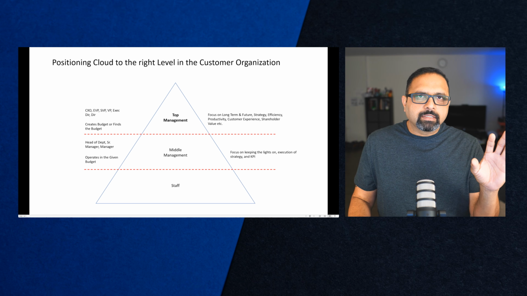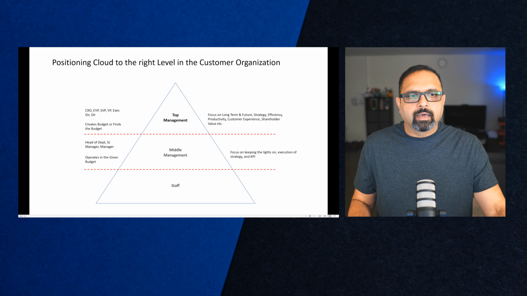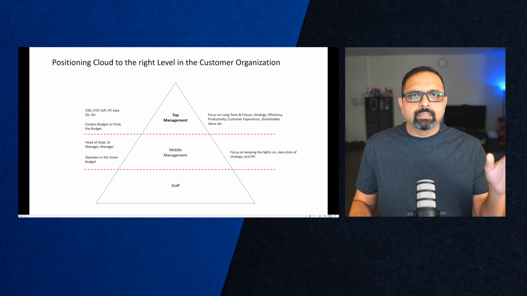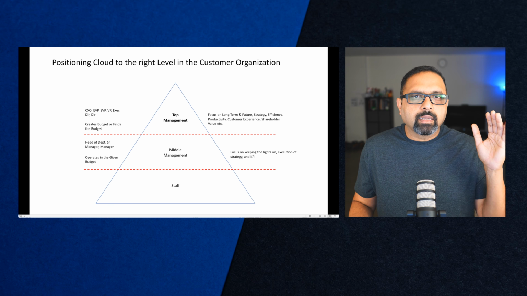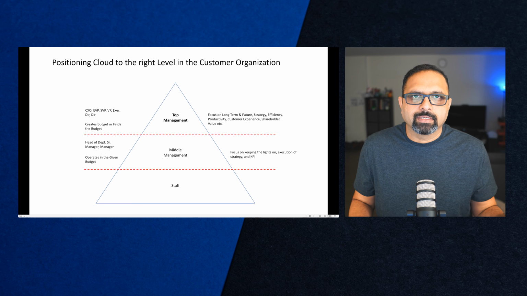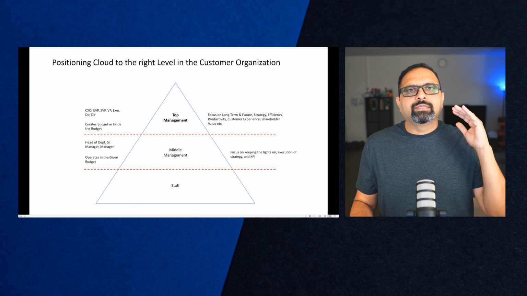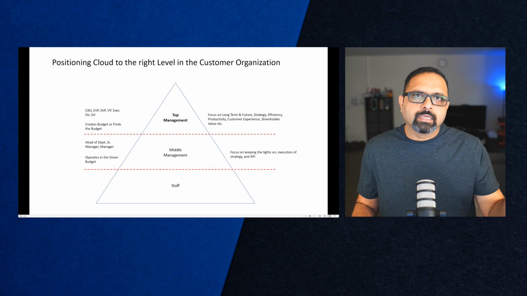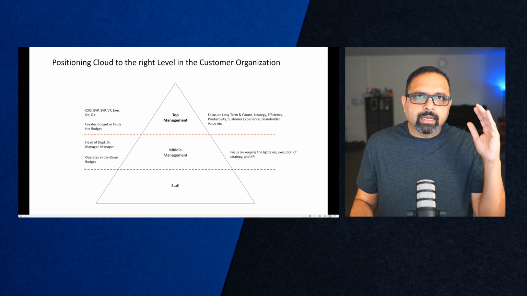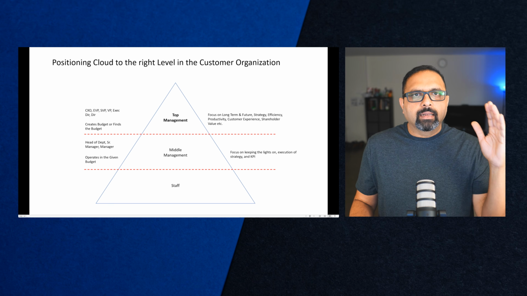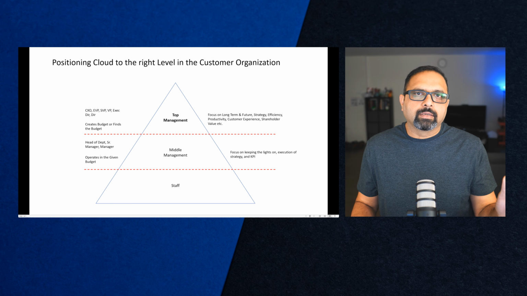Their focus is really to keep the lights on and execute the strategy. They do not typically engage in creating a strategy. Their focus is to execute the strategy laid down by the top management. Their job is to hit the KPIs, which are again laid down by the top management.